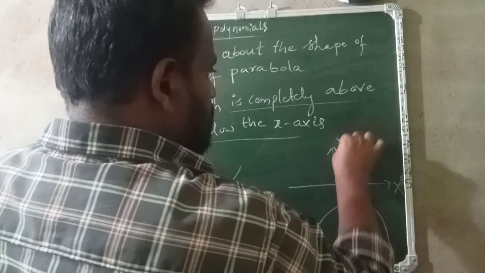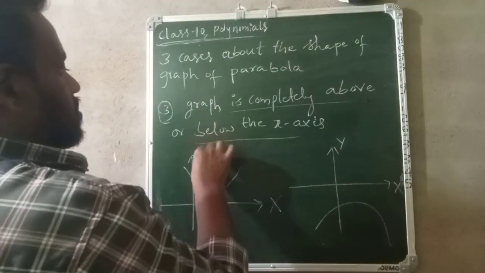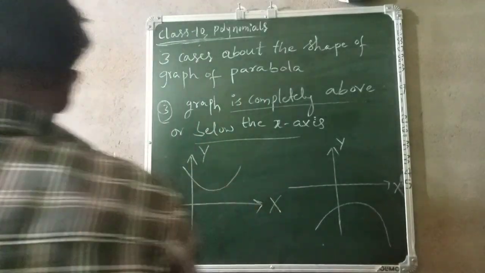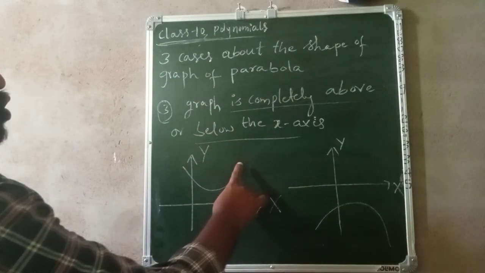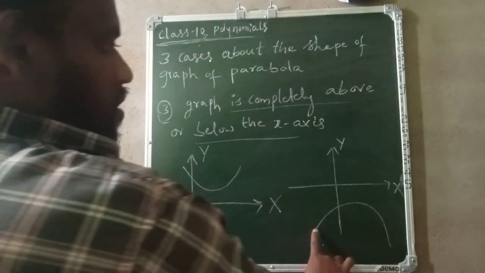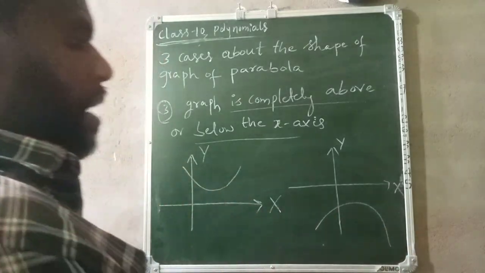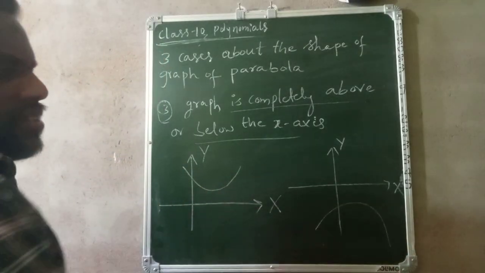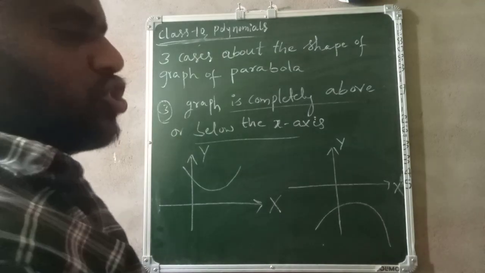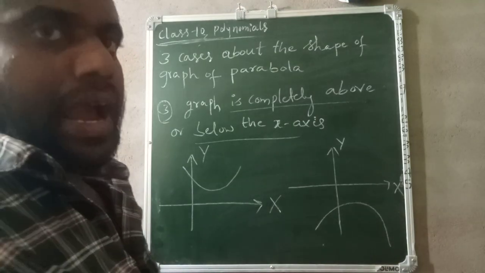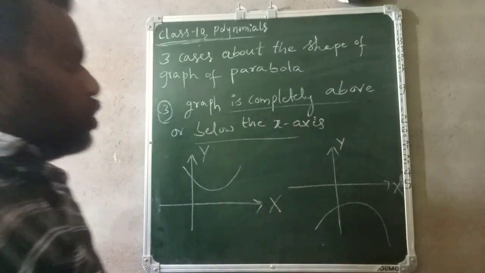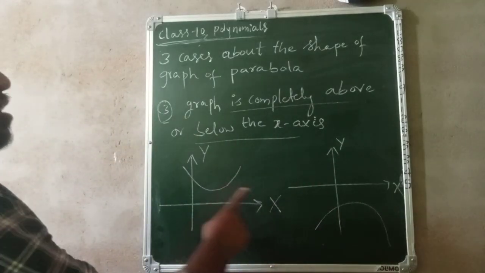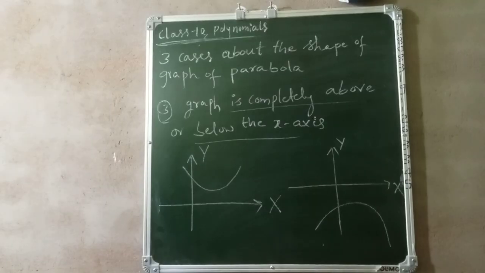So this is x-axis, this is y-axis, this is x-axis, this is y-axis. Now this U-shaped curve is a parabola. Even this U-shaped curve is a parabola. These are not exactly U, but I have just roughly drawn the diagram, so assume these are exactly U-shaped. So this is also a parabola, this is also a parabola.